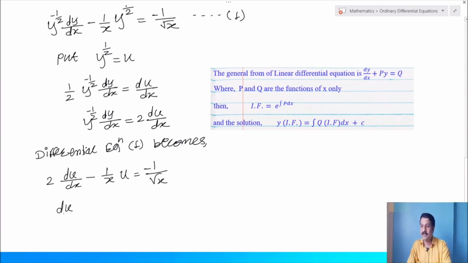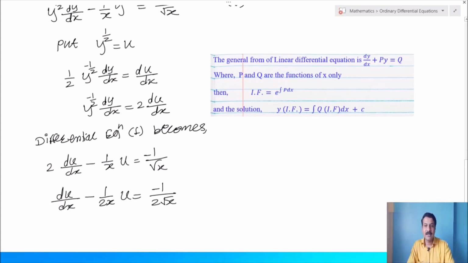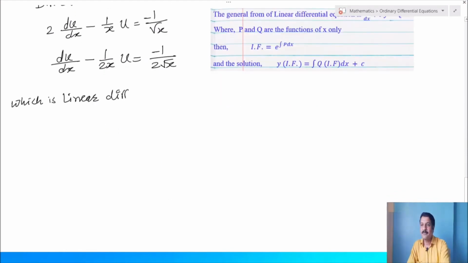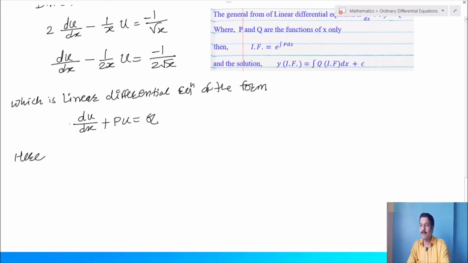So I am getting du/dx minus (1/2x) u equal to minus 1 upon 2 root x, which is a linear differential equation in u of the form du/dx plus p u equal to q. If we compare these two equations, I am getting the value of p equal to minus 1 upon 2x, and the value of q is 1 upon 2 root x.